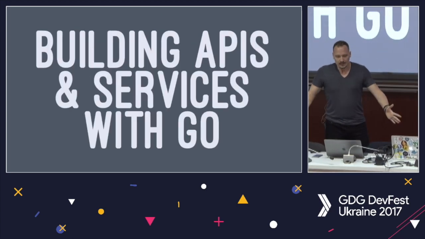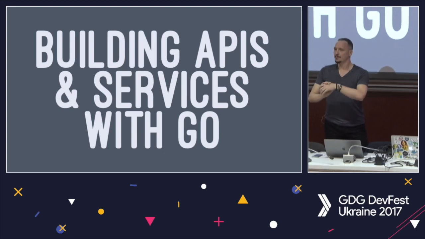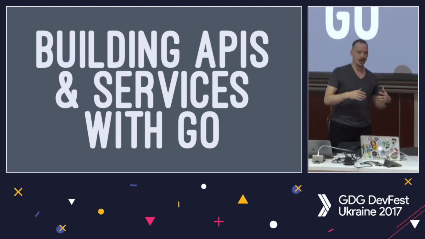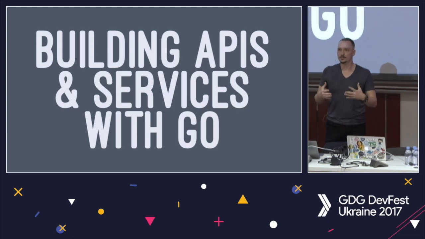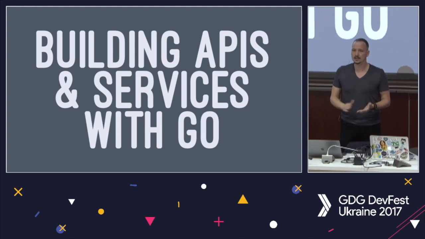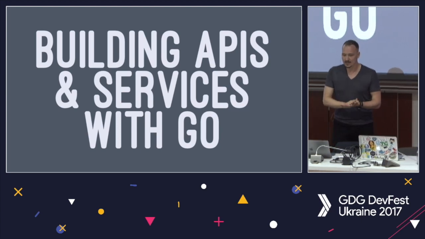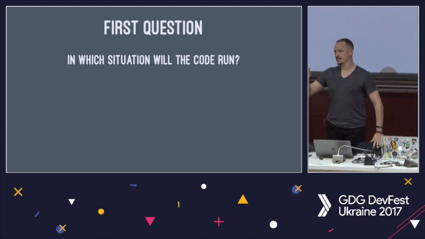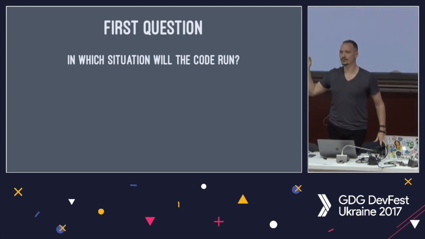So, I'm going to be talking about Google App Engine, standard environment, and building APIs that you can be confident are going to be ready to scale, and various little bits and pieces inside that. And I think the first thing you have to think about is in what context your code is going to be running.